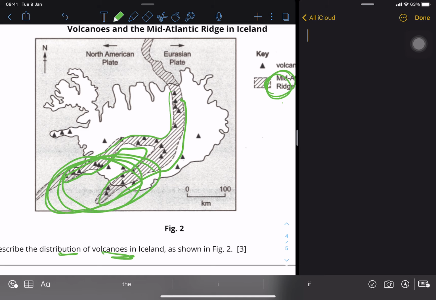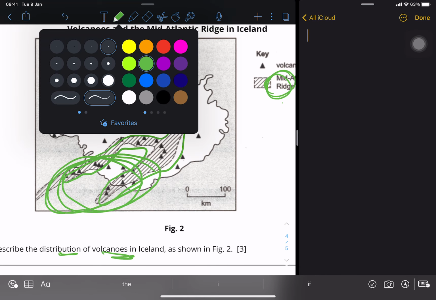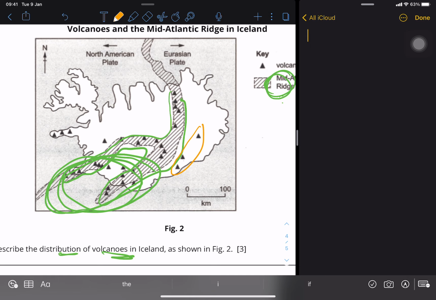However, there are also volcanoes found here. So this is about 1, 2, 3, 4, about 20 km east, 20 km west. Then here there's a long one. It's about 120 km.